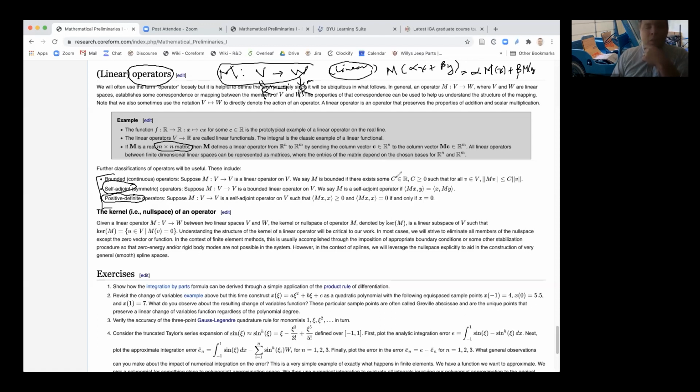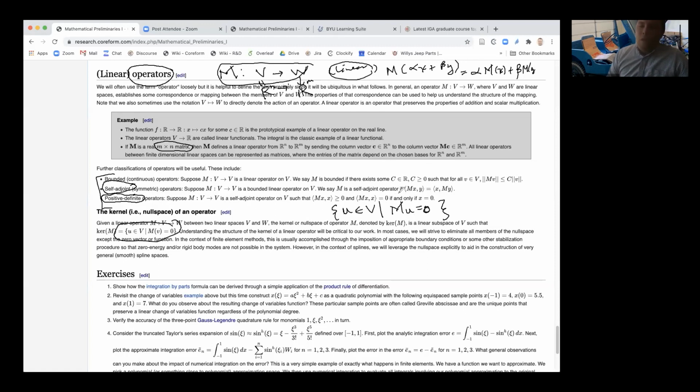And then another very important thing to know about an operator is you often want to know, like it says here, all of the elements in the domain of an operator where those are mapped to 0.